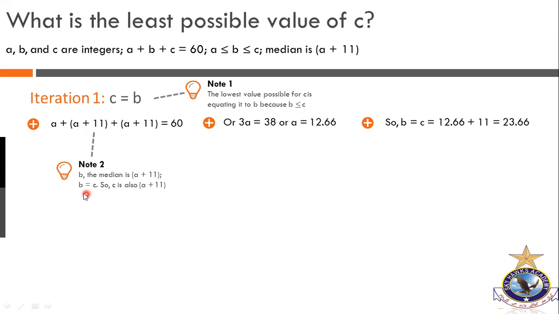And then B is equal to C, so C is also equal to A plus 11. Or 3A is equal to 38, or A is equal to 12.66. So B is equal to C is equal to 12.66 plus 11 is equal to 23.66.